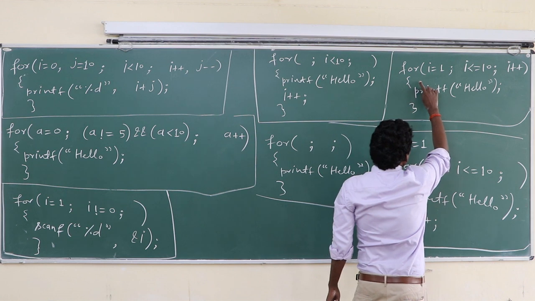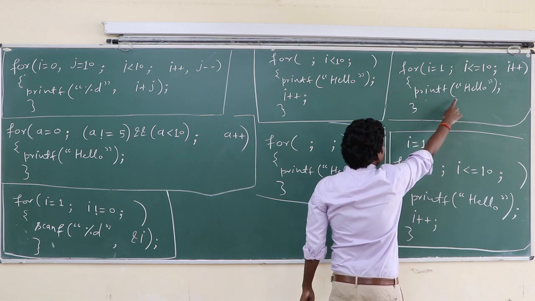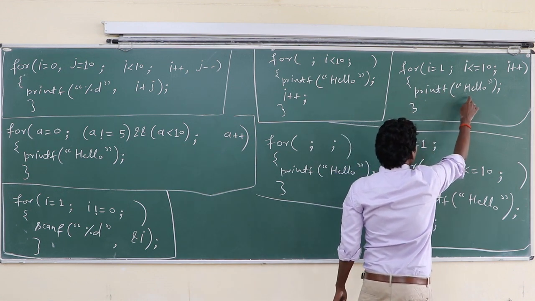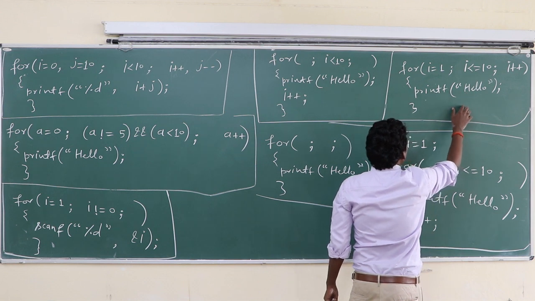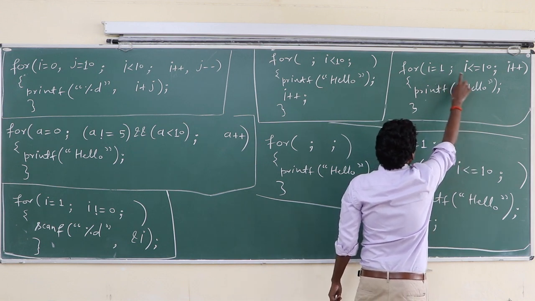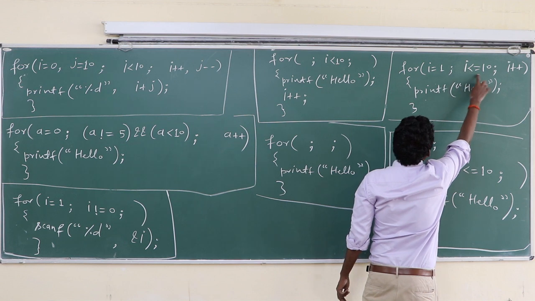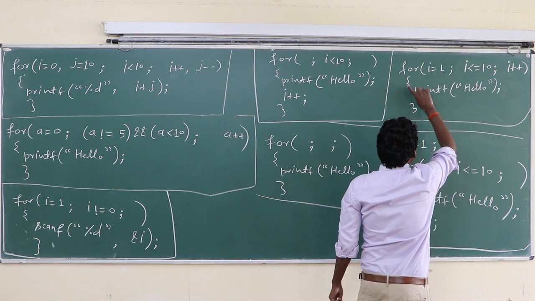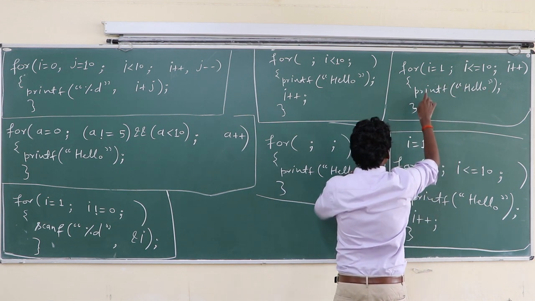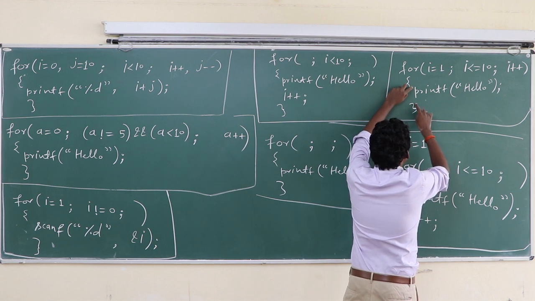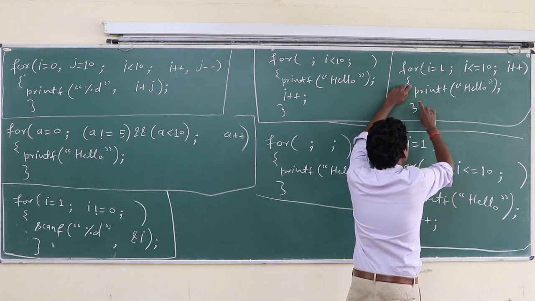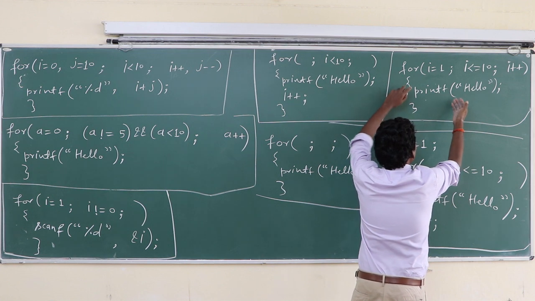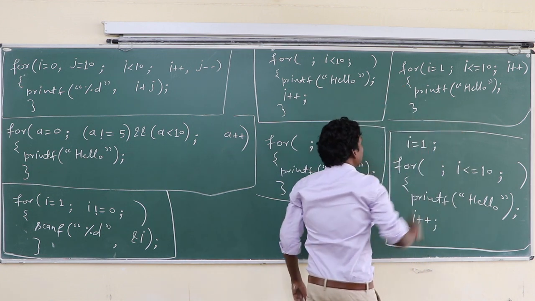So class, this loop executes 10 times, so hello will be printed 10 times, because this condition is true 10 times. So the set of statements within this for loop is executed 10 times.